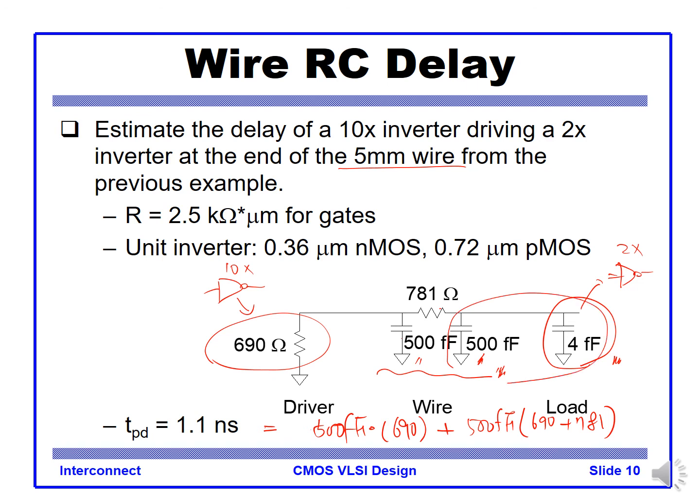Also we have to lump those two, 500 and 4 femtofarad, so 504 femtofarad. If you calculate this number, then you will get 1.1 nanosecond.